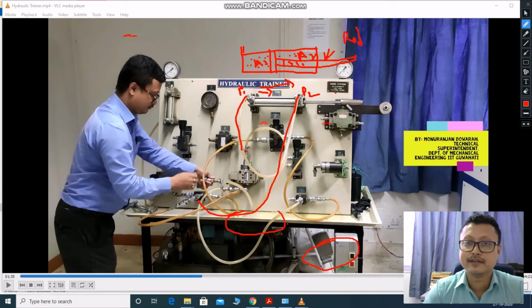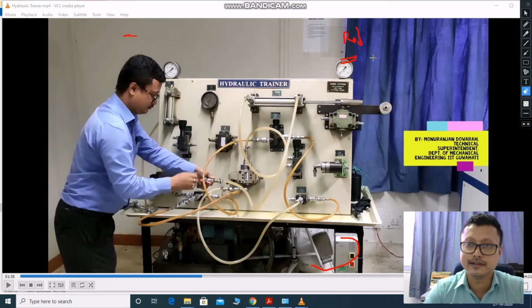Then the return oil from the P2 point will come here, and it will again mix with the inlet pipe through this directional control valve. It will enter here, means this pressure will be added here. So this is regeneration of pressure, so you will get higher torque with this circuit. That's why this regenerative circuit is useful for hydraulic jacks.